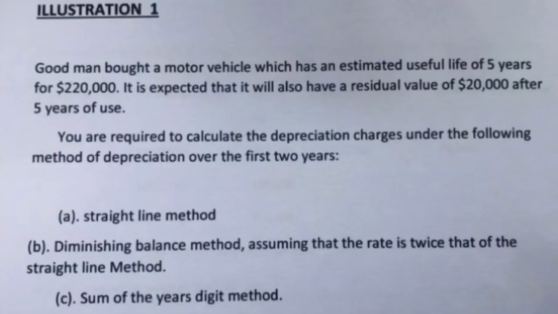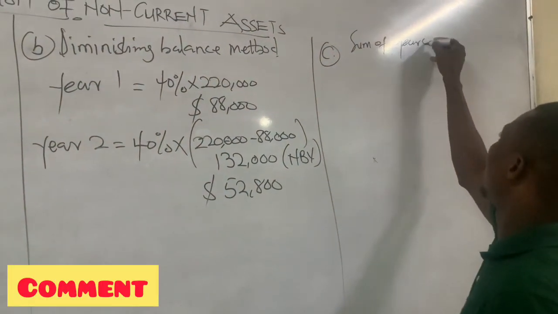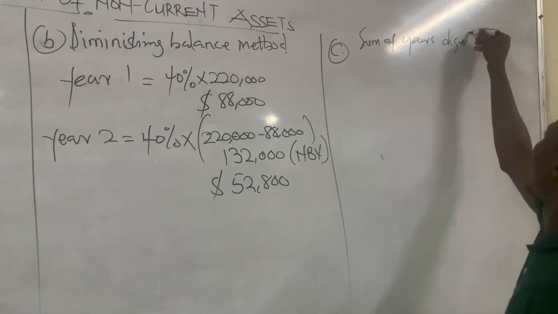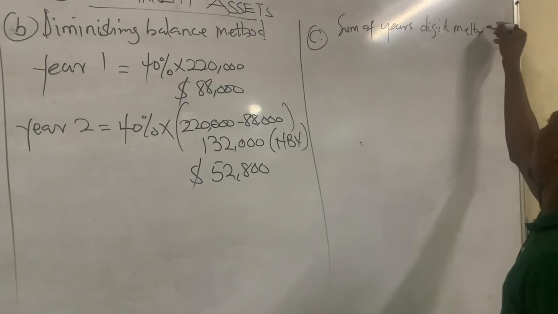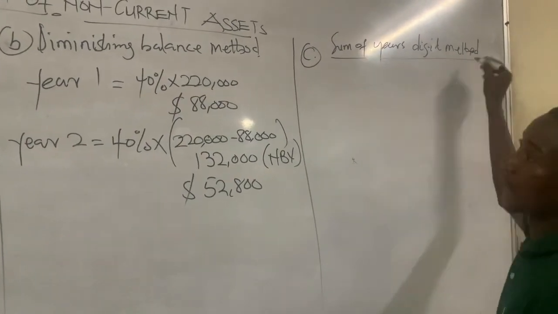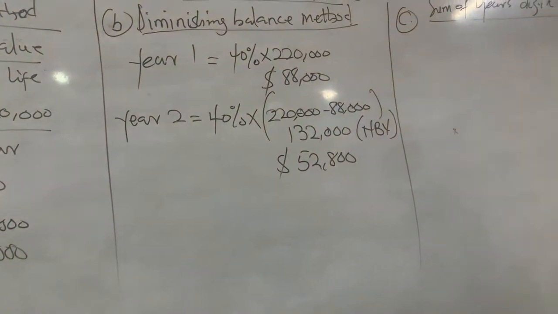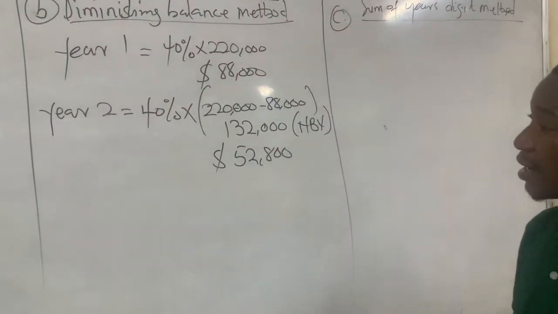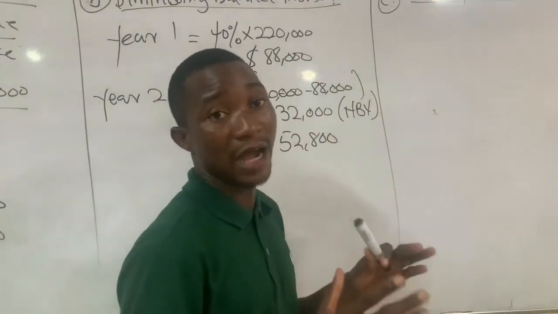The C part, we were told to calculate the depreciation using the sum of years digits method. So with the sum of years digits method, the asset is in the business for 5 good years.